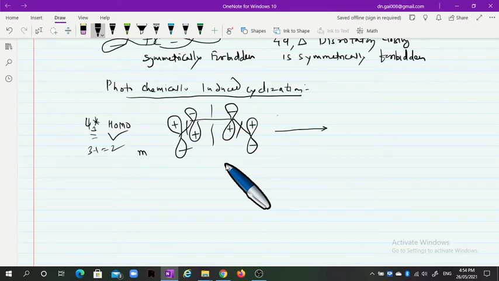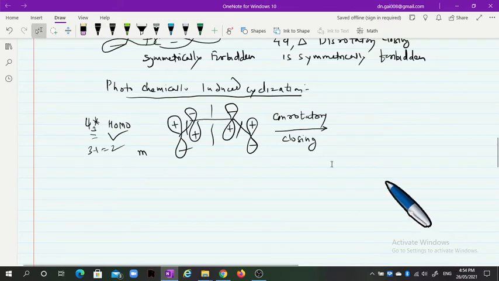Mirror plane symmetry means that it is disrotatory allowed. Firstly we will try the conrotatory closing. During conrotatory closing, the orbitals move in the same direction. This orbital moves in this direction, and this orbital moves in this direction.